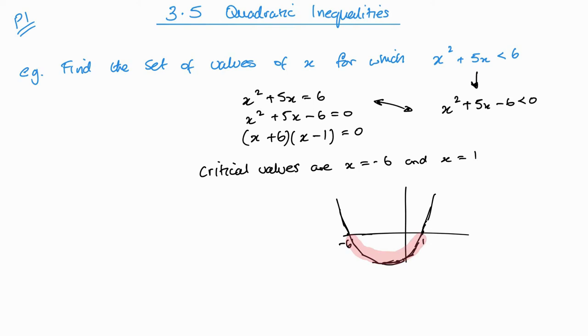That clearly means I want to the right of the minus 6 and to the left of the positive 1. That's what's going to give me a value below the axis. So my inequality is smaller than 1 but greater than minus 6. Now it's just one region, as you can see shaded there, so I can write it as one inequality: x greater than minus 6 but less than 1.